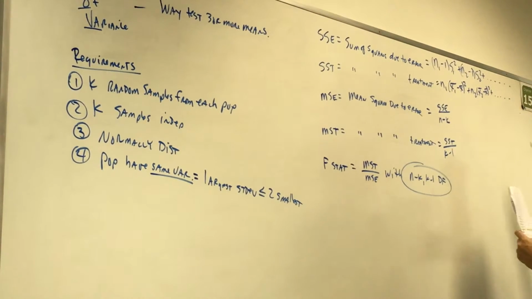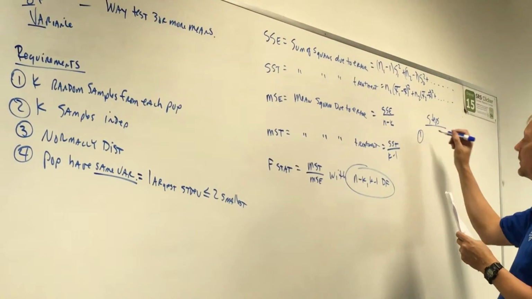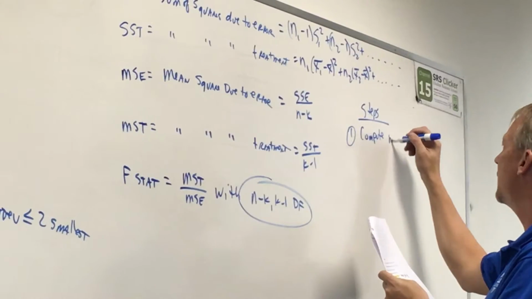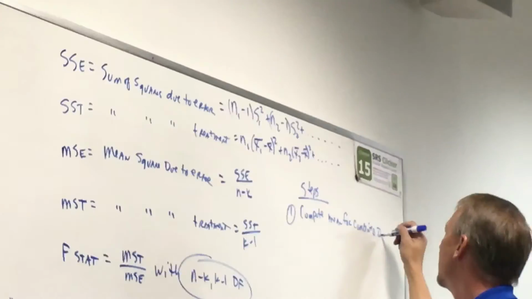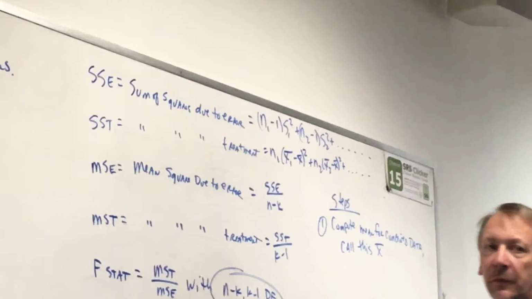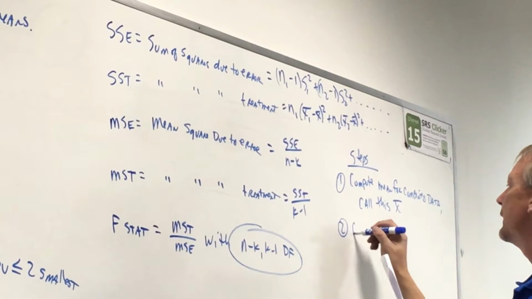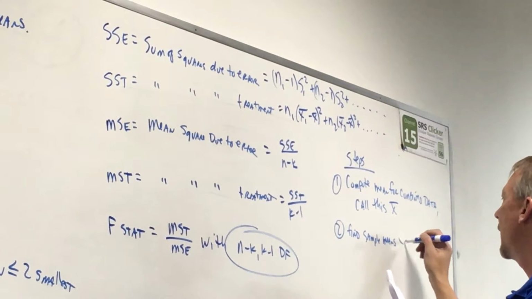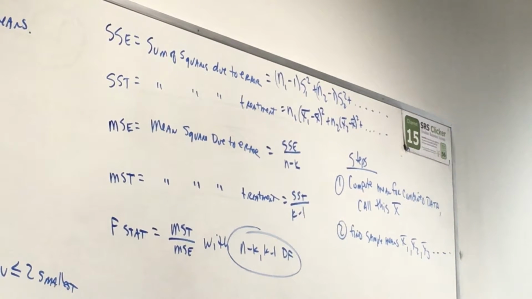So let's talk about steps. The first thing you're going to want to do is compute the mean for the combined data. We're going to call this X bar. So we're going to do it for everything. Step number 2 is you're going to find your sample means, X1 bar, X2 bar, X3 bar, etc., however many samples you have.